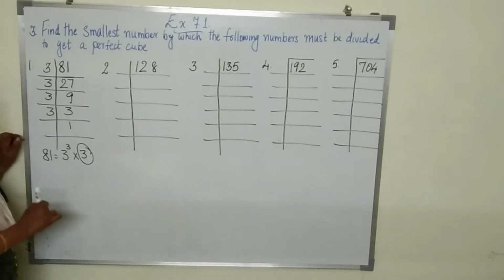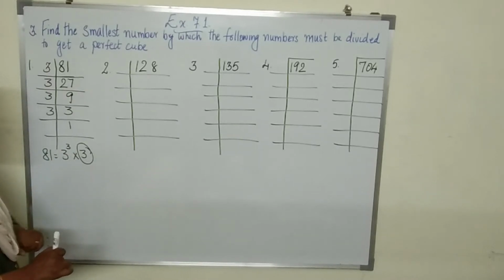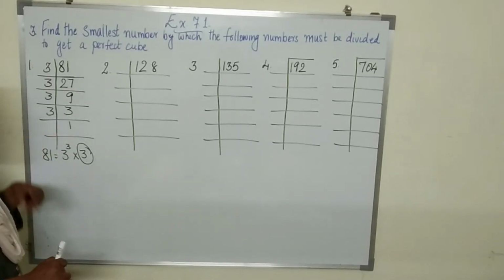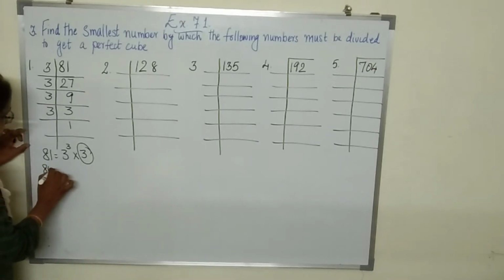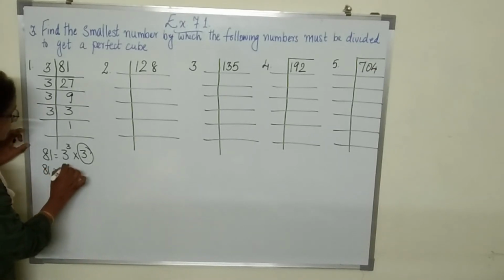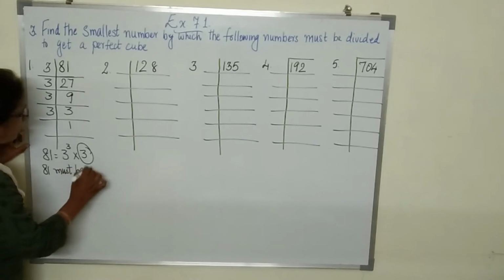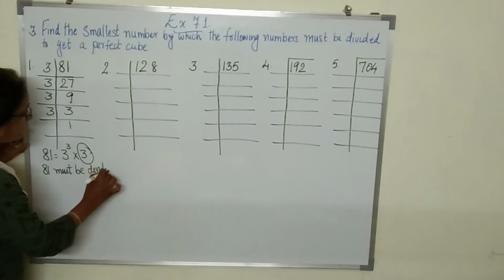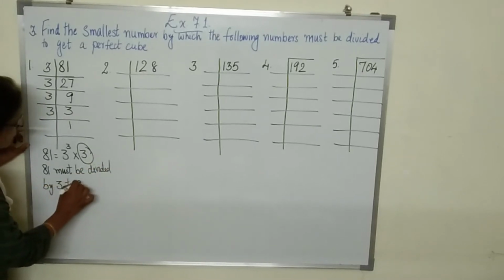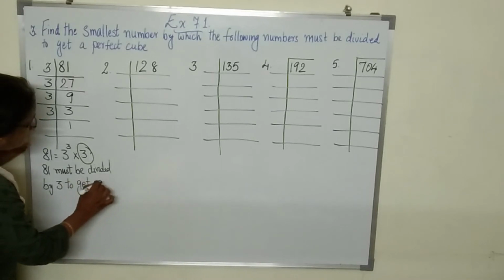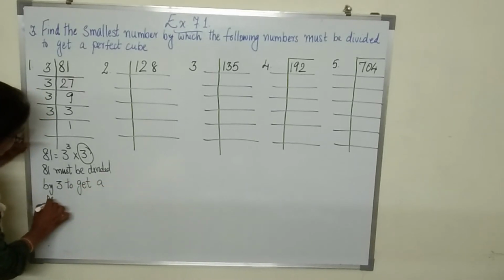This number is extra, so we need to remove it. How will we remove it? Divide by 3. So 81 must be divided by 3 to get a perfect cube.